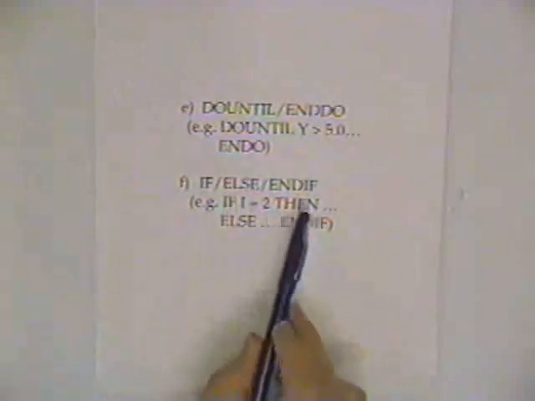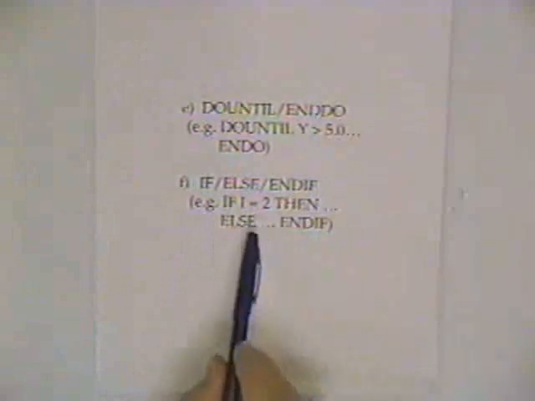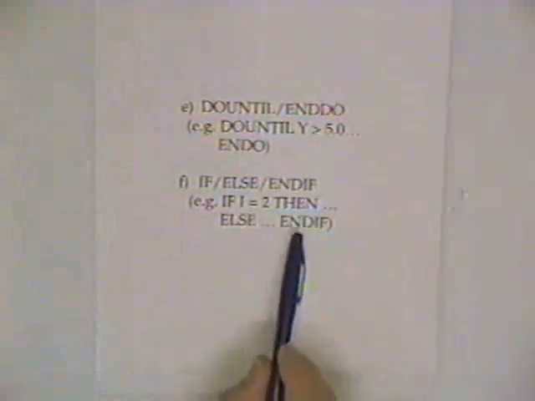Another important kind of branching is the if statement, if-else-end if being the form in pseudocode. This allows you to make a number of different choices in the program. For example, in this case you would have the statement if I is equal to 2, then a series of statements, an else statement, a series of statements that follow, with the end if.